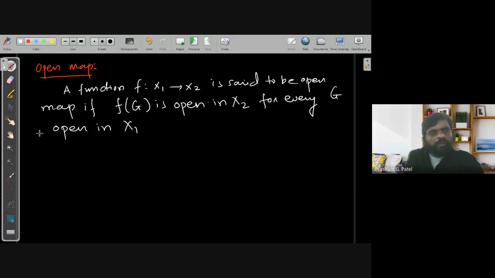Okay. In a similar manner, we have the next definition, a closed map. So when can we say a map is a closed map?